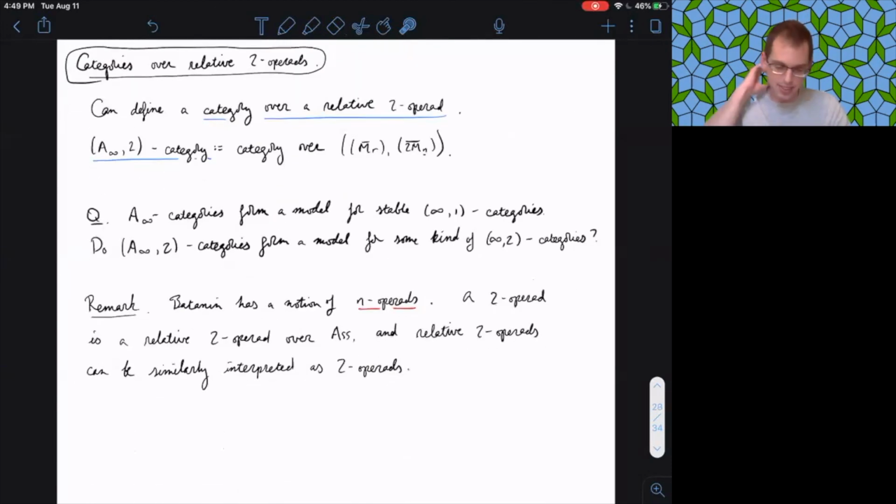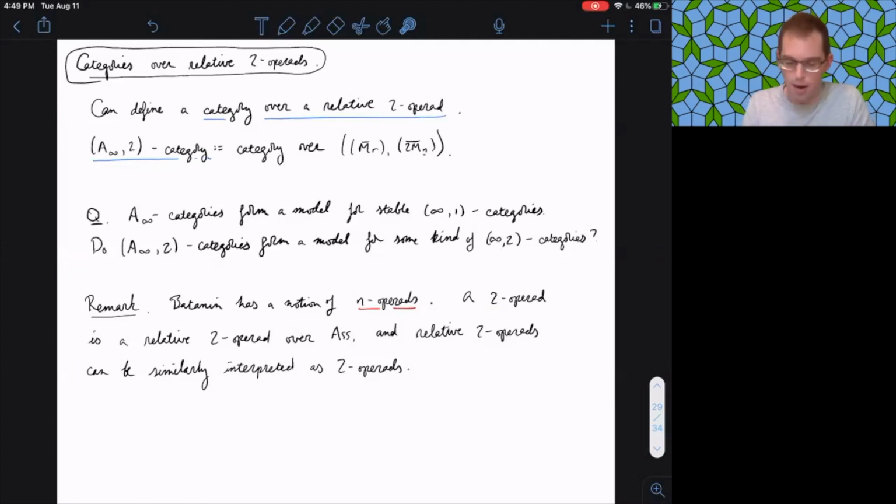And finally, in this section, I want to make one remark about Michael Bottman's work, that he has this notion of 2-operads. My understanding is that you can formulate relative 2-operads in terms of 2-operads and vice versa.